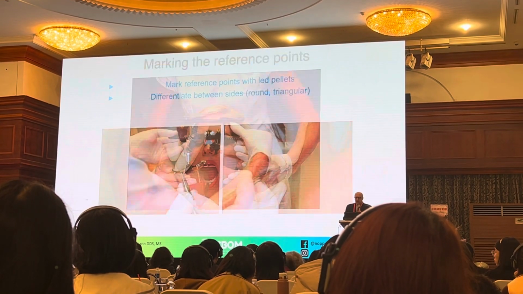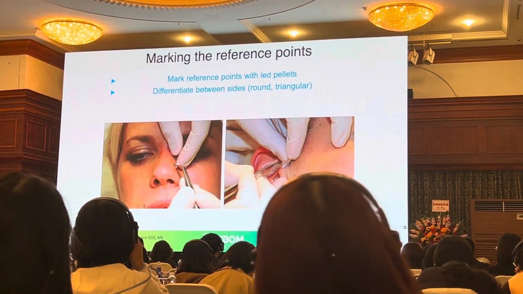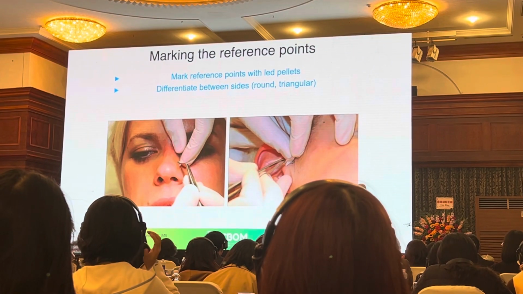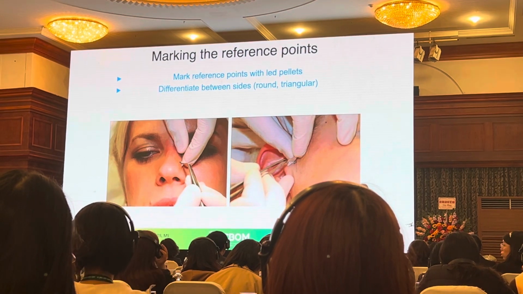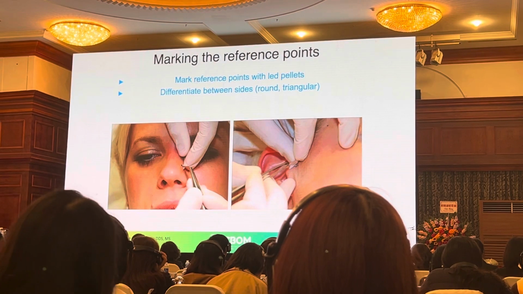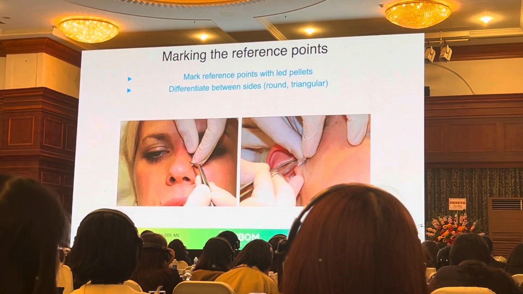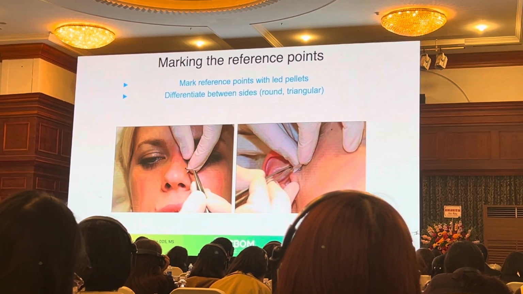After that, I mark some points on the face of the patient using some metallic balls. So this is the orbital, and here is the hinge on the right side of the patient, and I mark the hinge on the other side of the patient. So I have 3 points with which we can construct the plane: left, right, and orbital.